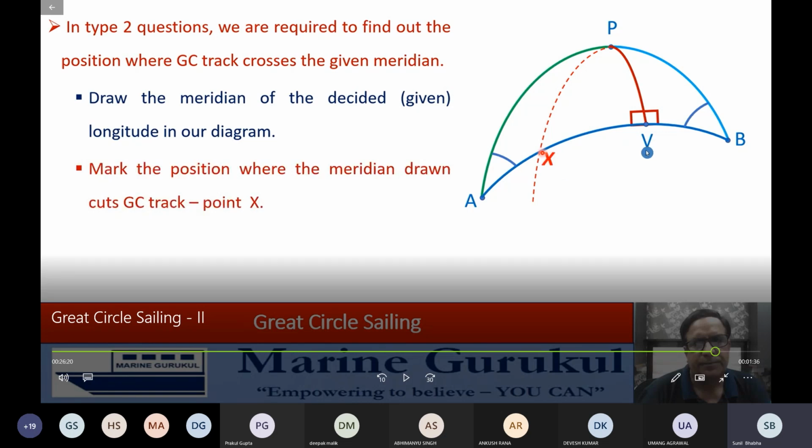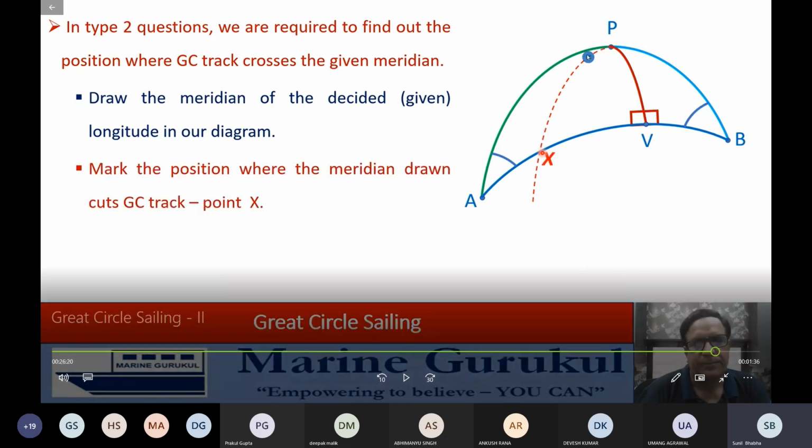The longitude of the vertex was already calculated, so we know that, and the longitude of X is given in the question. So we find out the D long between these two positions. We enter into the Napier rule with PV and D long, and what do we calculate now?